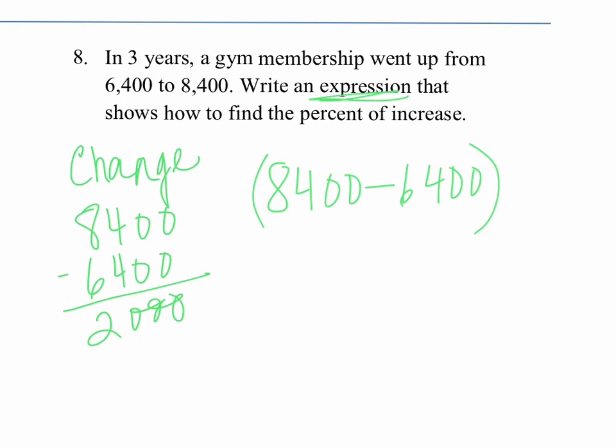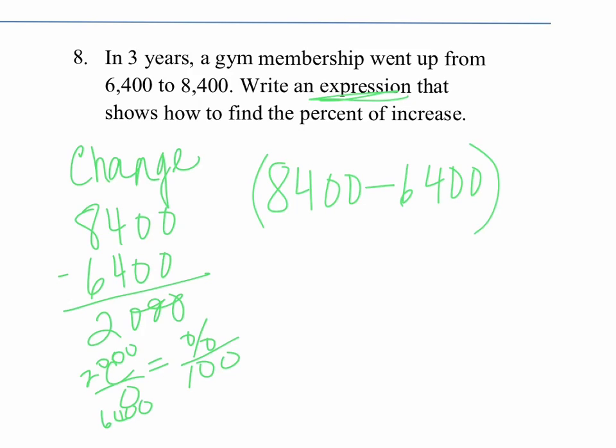Then, what do we have to do with the change in order to find the percent of increase? Remember, change over original equal to the percent out of 100. So the change is the 2,000. The original was the 6,400.